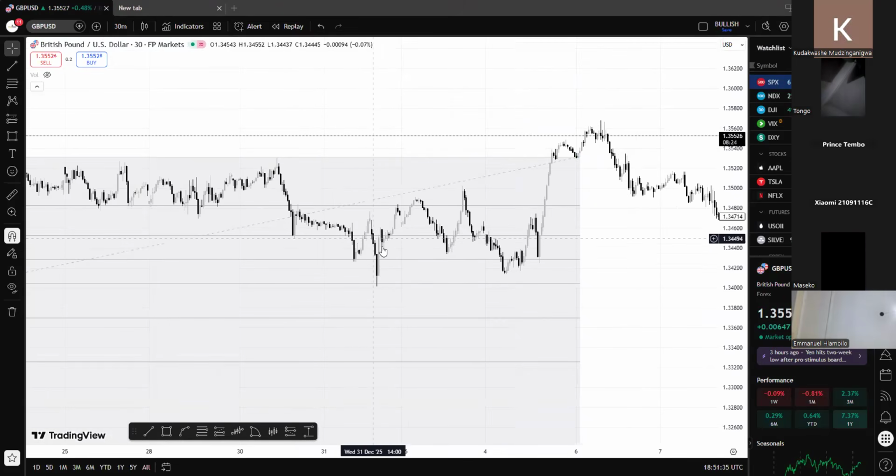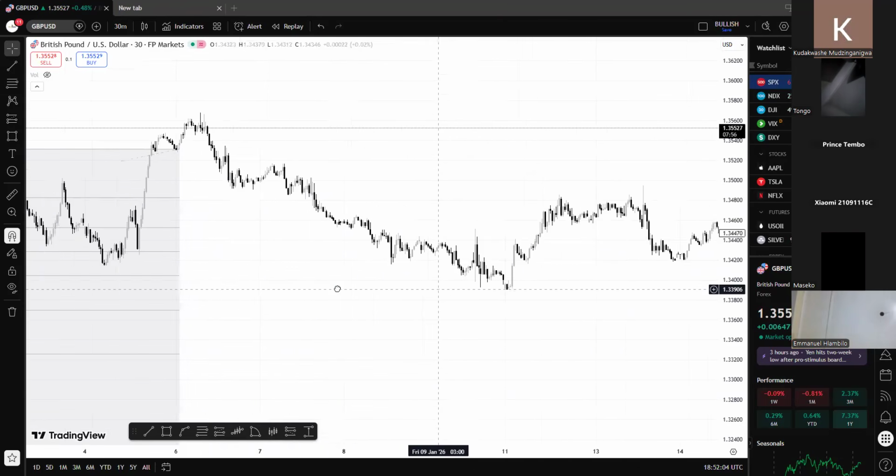So what you see is when it came to the 0.61%, it came up, gave us a break of market structure in smaller time frames at this area over here. I'm assuming we can already see it. And then what did price do? Even if it played around a bit, it shot up.